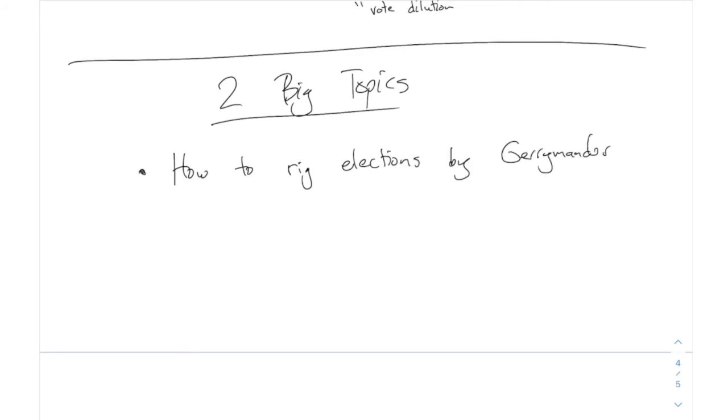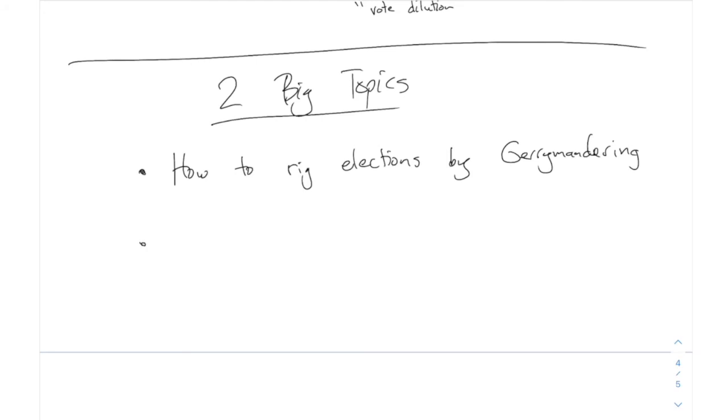This is like if you want to understand your evil enemy, you must become the enemy or something like that. In order to understand how to look at gerrymandering, I want us to learn some of the methods, the techniques that they use to actually draw these crazy districts to swing the elections.